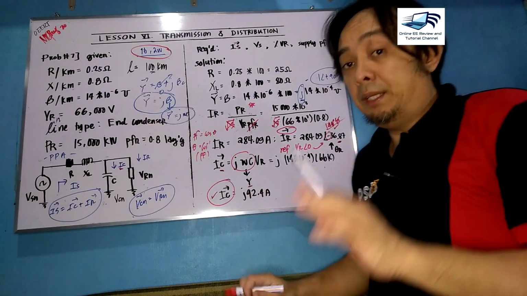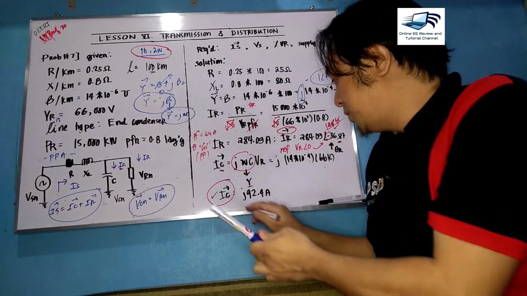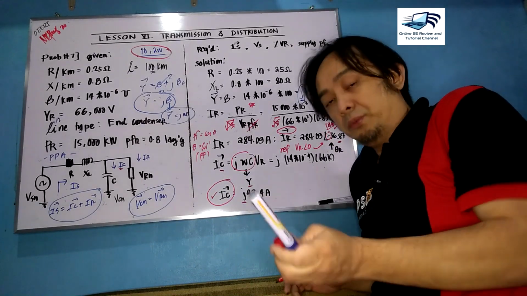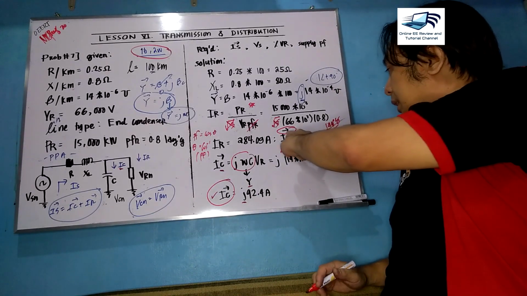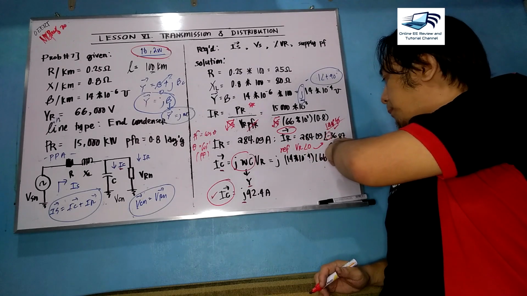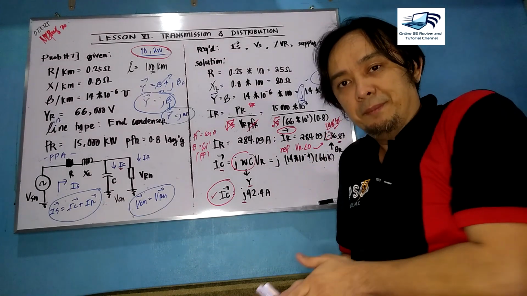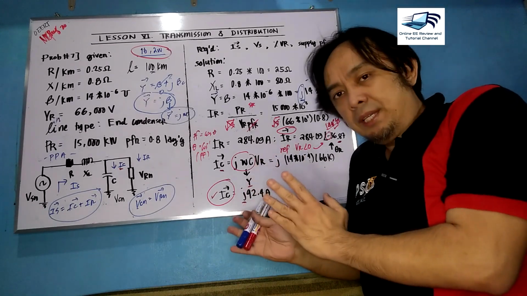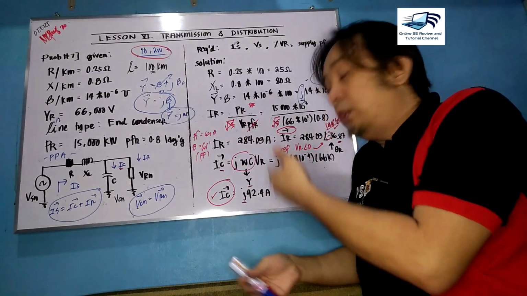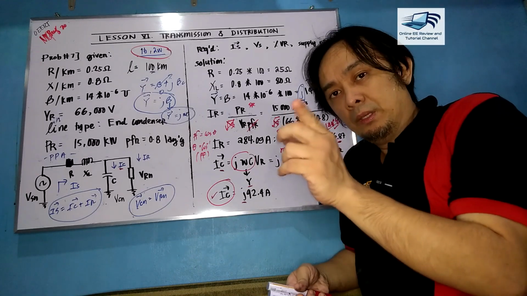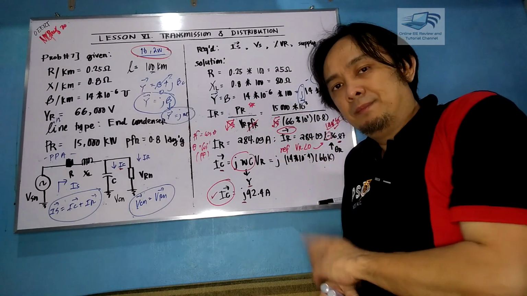Don't forget, it is a phasor. It has your J here, bar 90. Don't forget that. And your IR here is a phasor. It must have the theta R, which is 36.87.